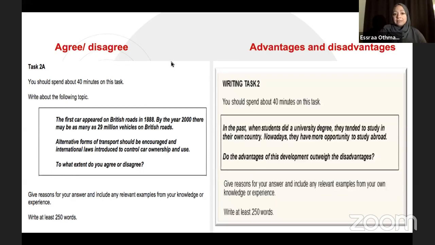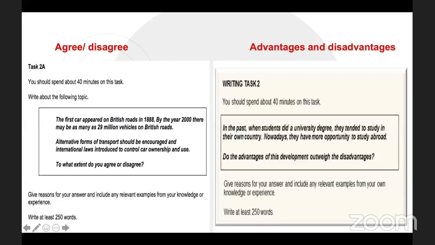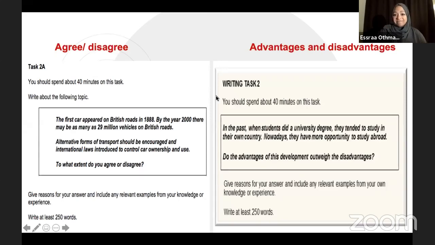And I would agree with that because Task 2 has higher marks. It has almost 65% of the marks over Task 1.